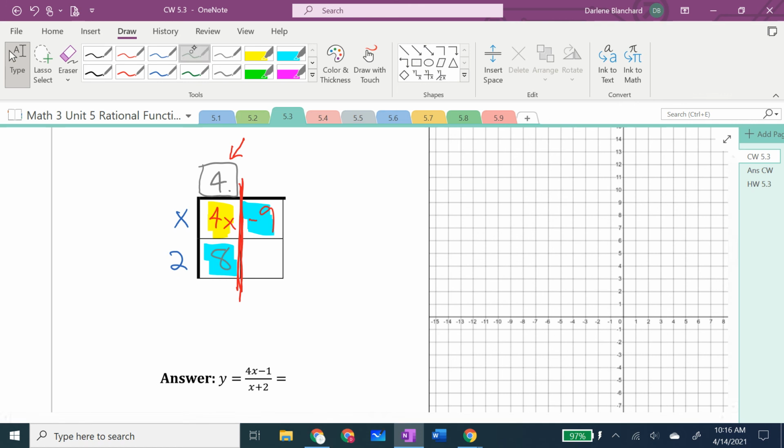That tells me that the answer to my division is an entire quotient of 4, plus a remainder of negative 9 that did not get divided by the x plus 2. Okay, so hopefully you're feeling good with that division.